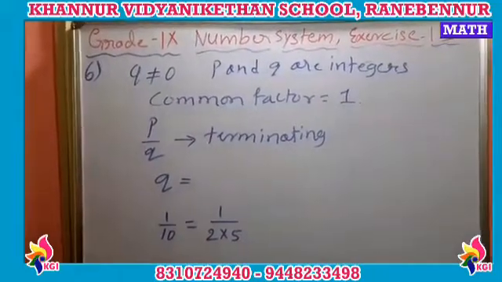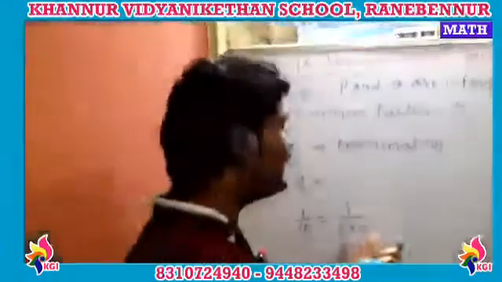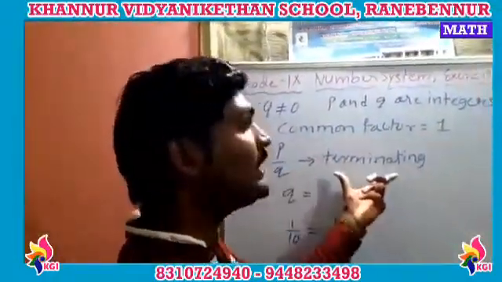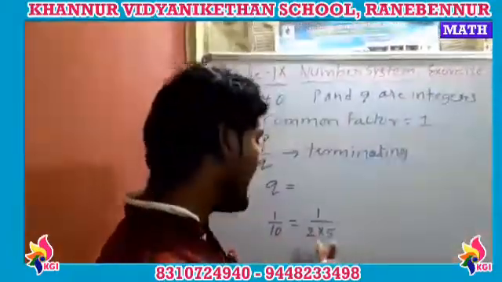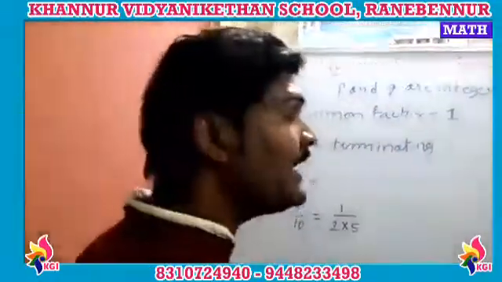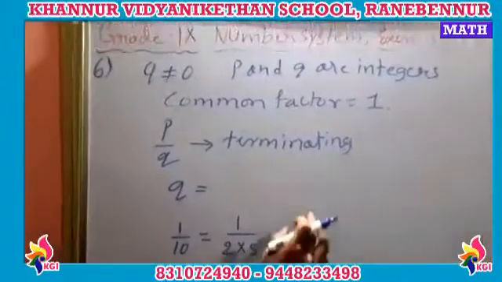If there is any other factor in the denominator rather than 2 and 5, we have to cross-check whether we get a terminating decimal. If any other factor is there, that will not become terminating. So it is 2 to the power 1 and 5 to the power 1.